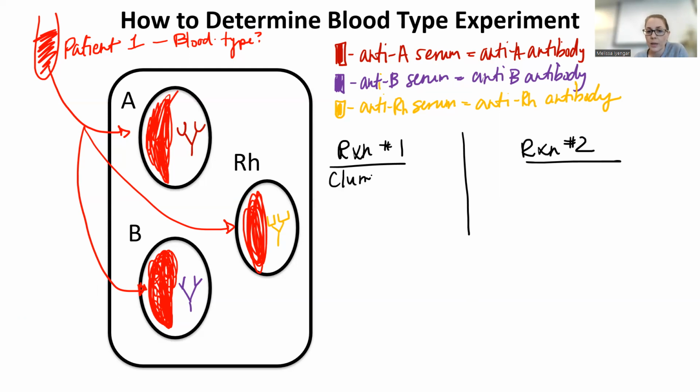So when you have clumping, that's agglutination. This equals antigen present. When you have no clumping, this equals no antigen present, so antigen absent.